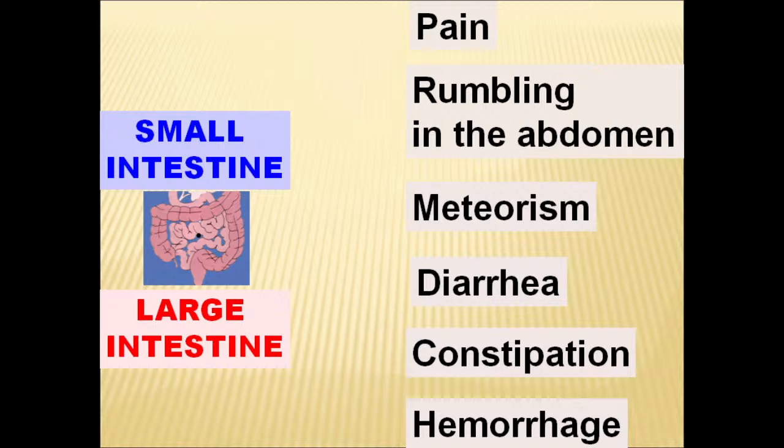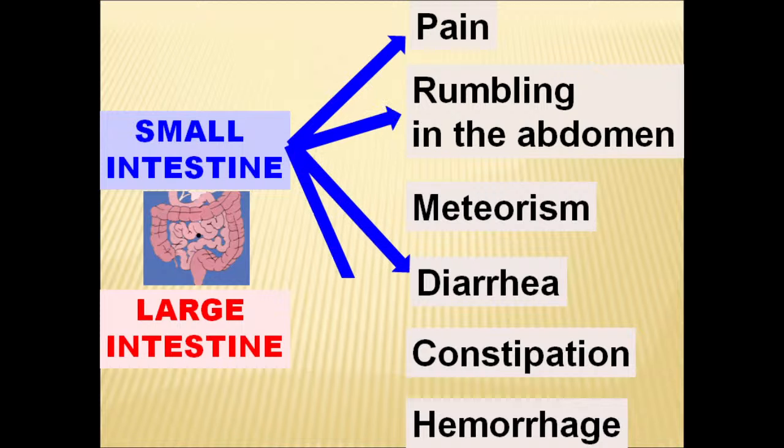Small intestine problems manifest with pain which localizes near the umbilicus in the center of the abdomen, accompanied with rumbling sound in the abdomen because we can hear active peristalsis of liquid chyme along the small intestine. The patient can complain of diarrhea, we remember, rare and with a large amount of feces, and hemorrhage, which manifests only with melena.